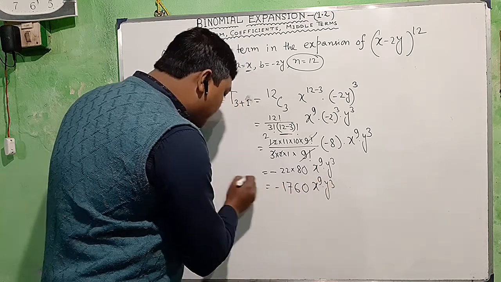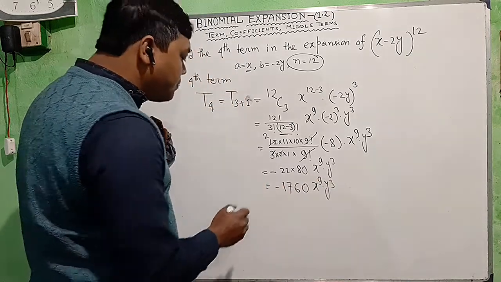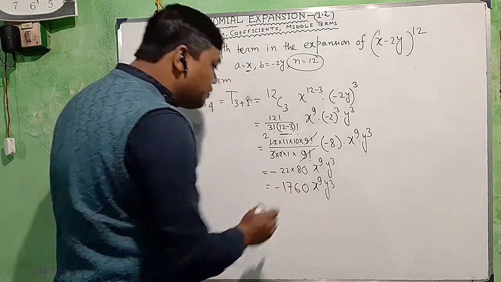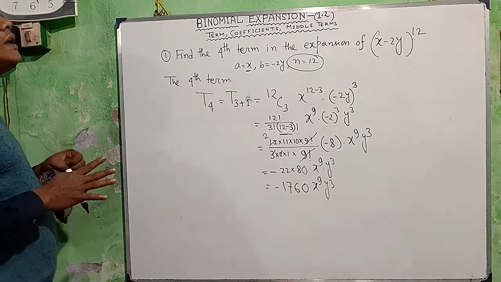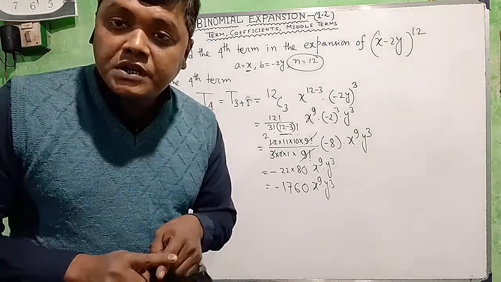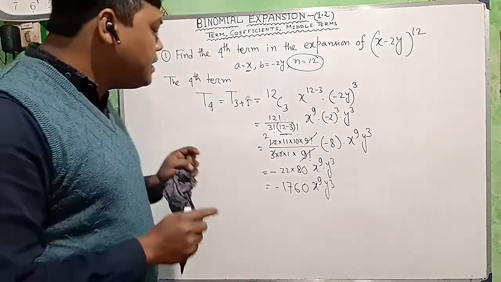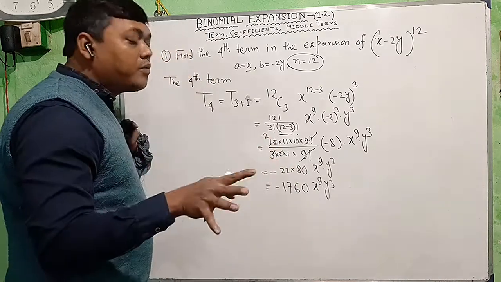So the fourth term is T4, in fact T3 plus 1, that is minus 1760 x to the power 9 into y cube. And if anyone asks you the question, what is the coefficient of the fourth term, then you can easily say the coefficient, that means the constant part of the variable.